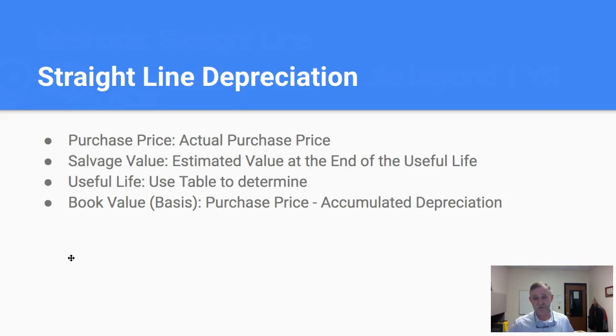Okay, so I'm going to say that salvage value, we can't give them a salvage value of negative, but I'm just saying that on an asset like that, we're probably not going to have too much of a salvage value, or none.